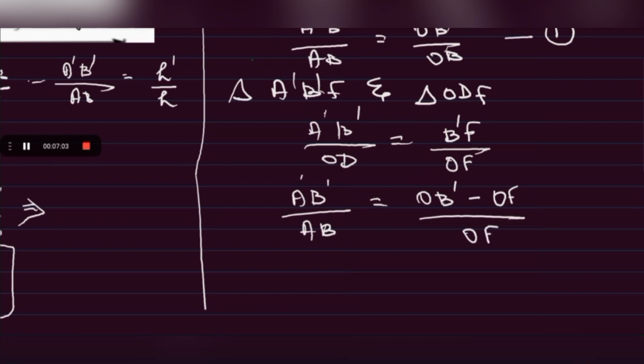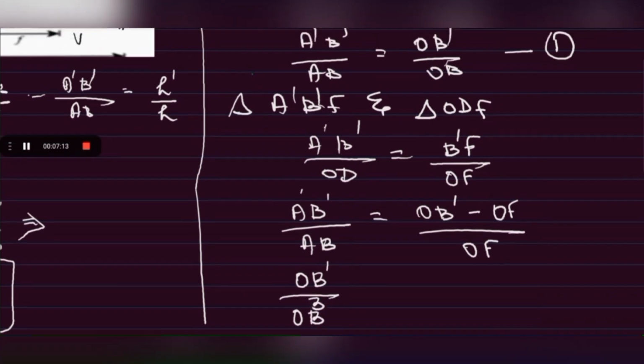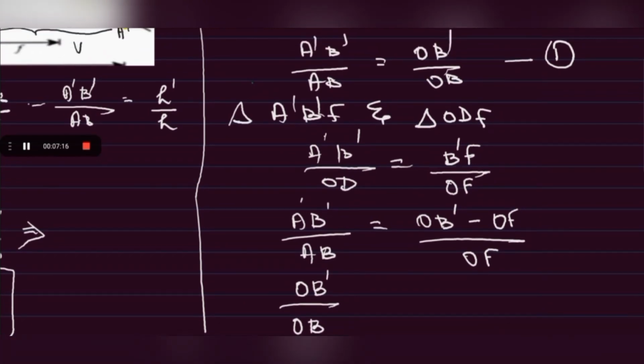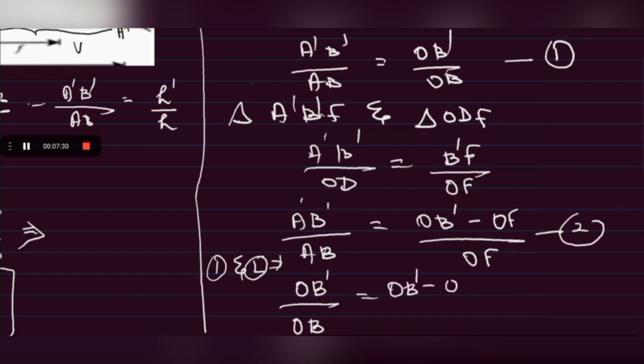Now you are going to substitute everything here. What is A'B' by AB? That is nothing but OB' divided by OB from equation 1. Am I right? So if you compare 1 and 2, the left hand sides are equal, and so OB' by OB is nothing but (OB' minus OF) by OF.